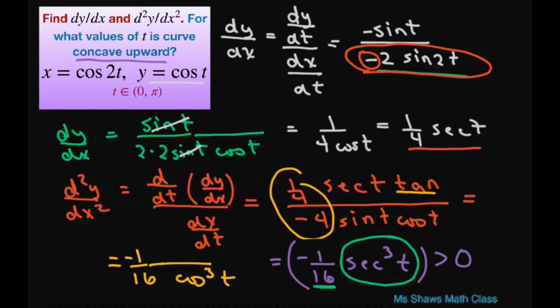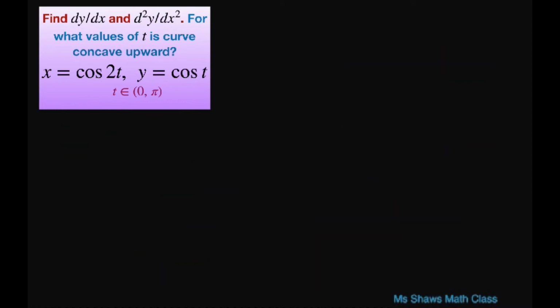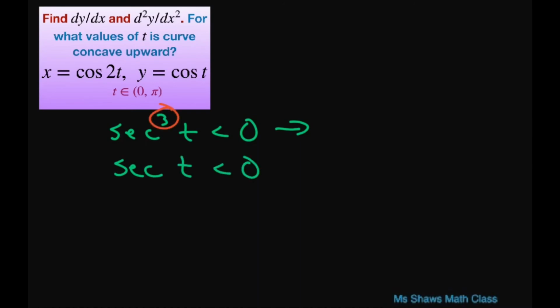So basically we want our secant cube of t to be negative. And if that's negative, then that also means that plain secant of t has to be negative, because this is a cube here. That means that our cosine of t has to be negative.